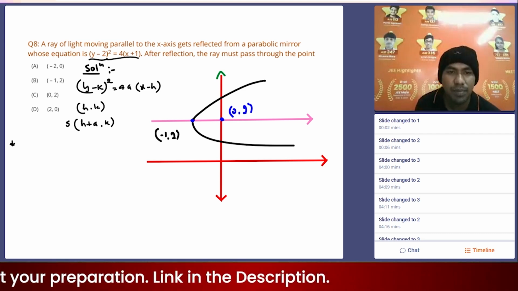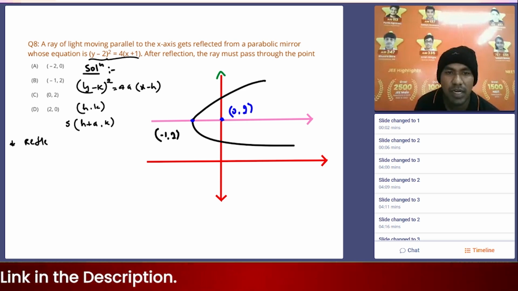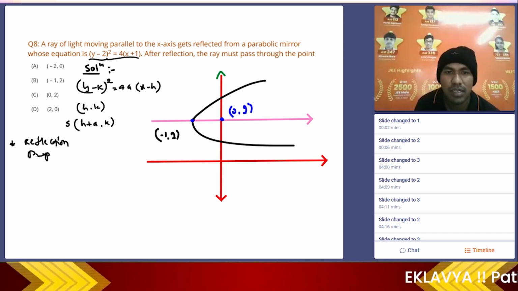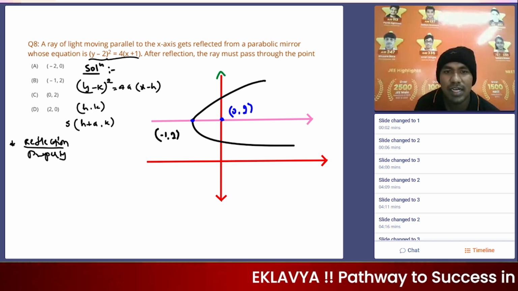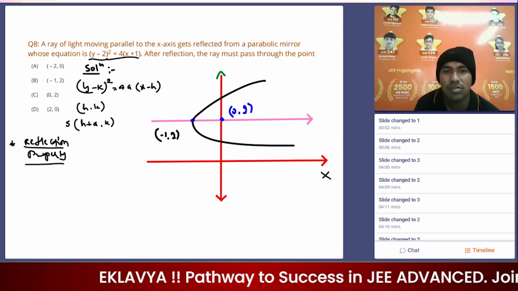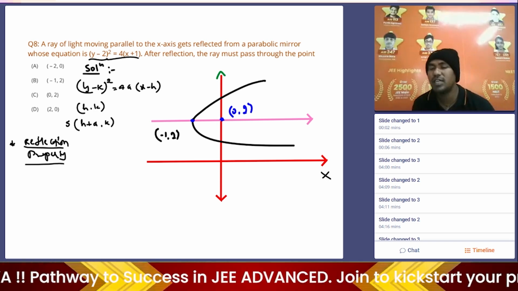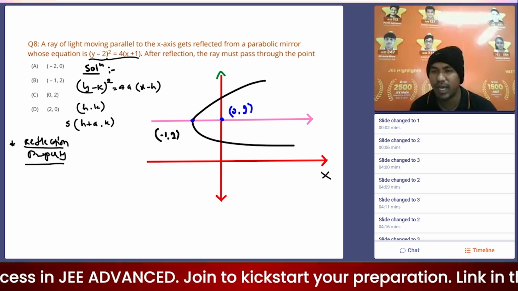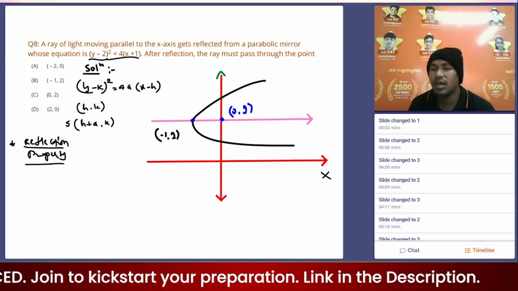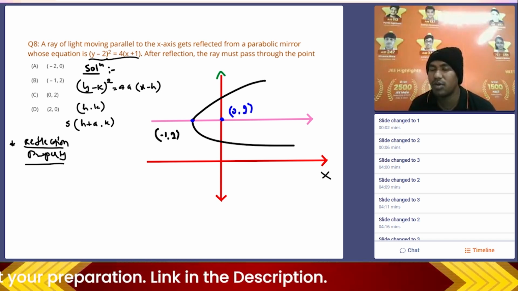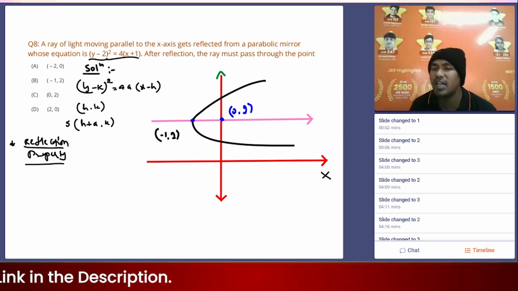Now if you remember the reflection property, the question is directly based on it. If you incident any ray parallel to the axis of the parabola on the parabolic mirror, then the reflected ray always passes through the focus only.